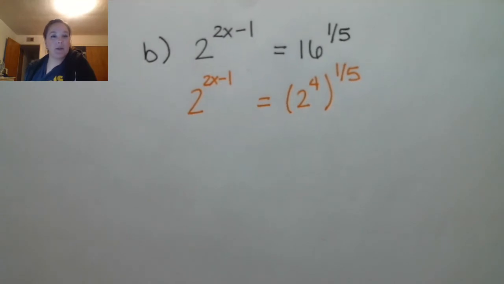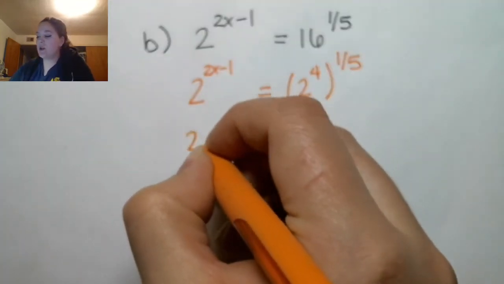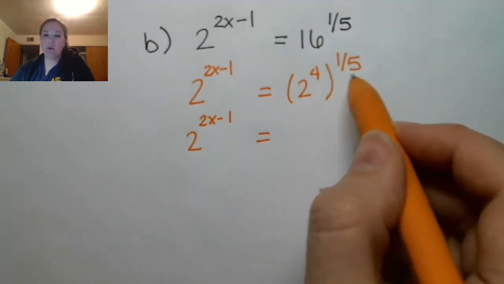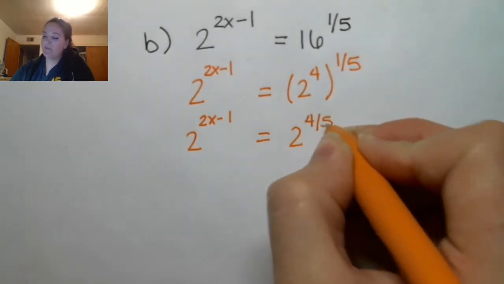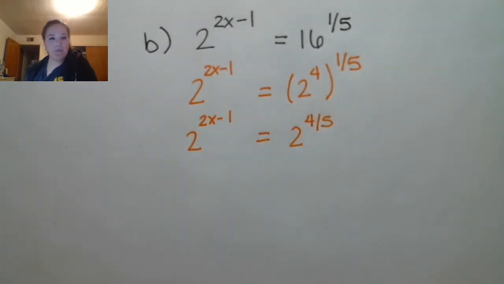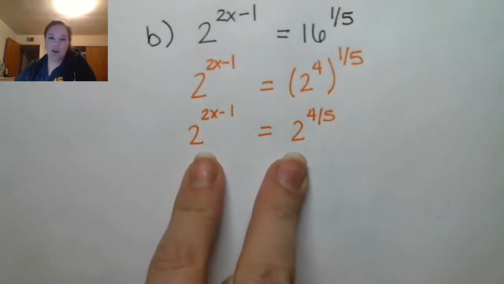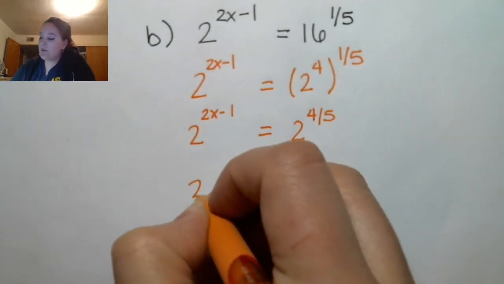So here's an example of when we can actually simplify this. We're going to use our exponent rules to simplify this by multiplying these two exponents. All right, so now we can see that we have two expressions that are equal. They have the same base, so we're going to equate the exponents.